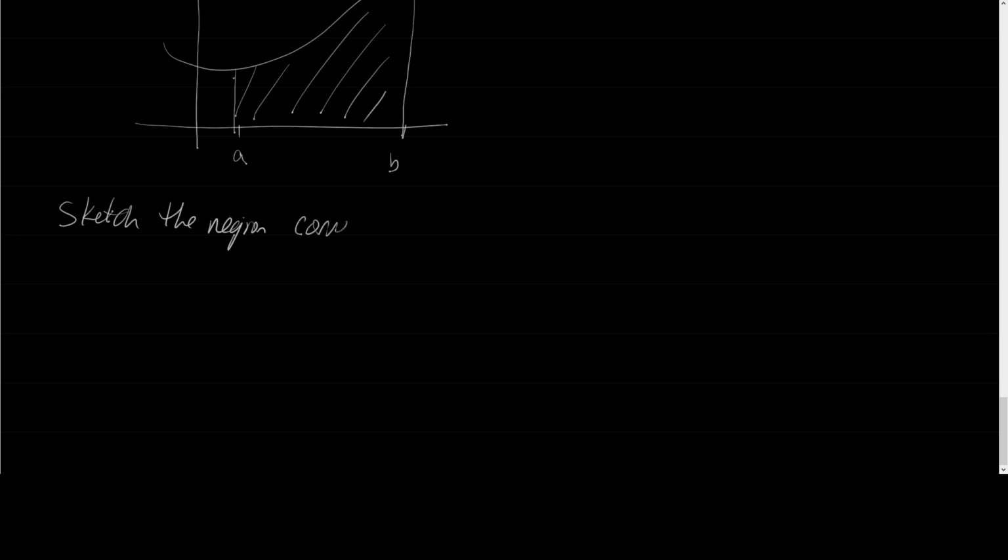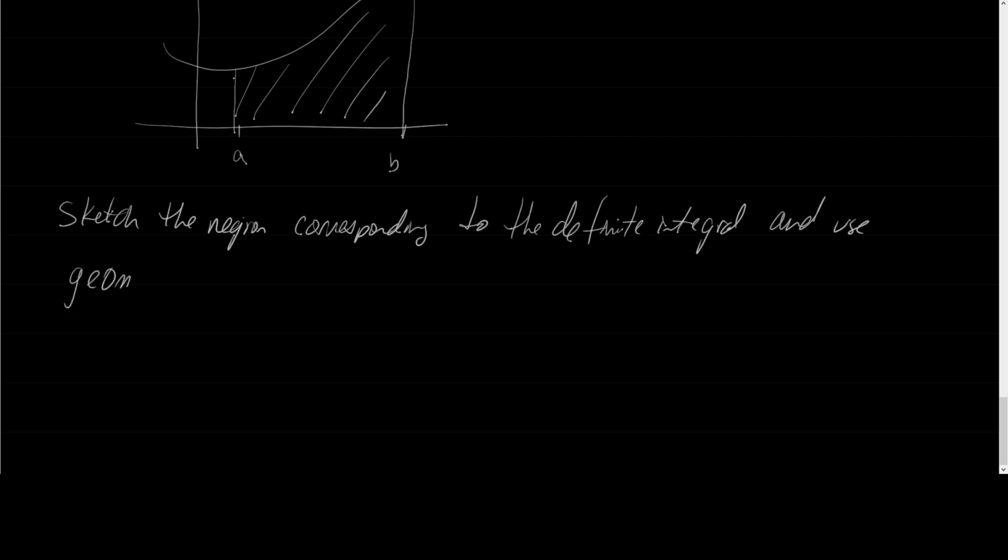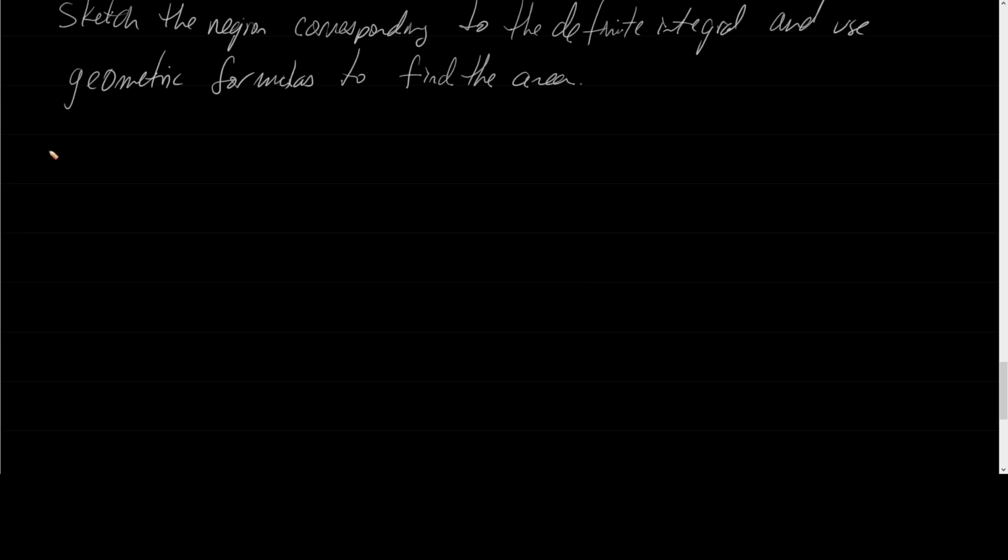Sketch the region corresponding to the definite integral and use geometric formulas to find the area. So here we go. And this is example B. So let's say we had the definite integral from 2 to 8 of the line 3 dx.